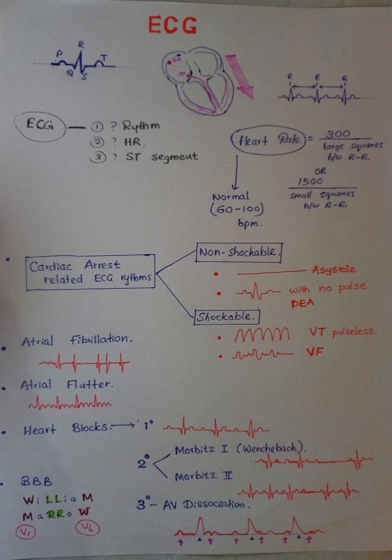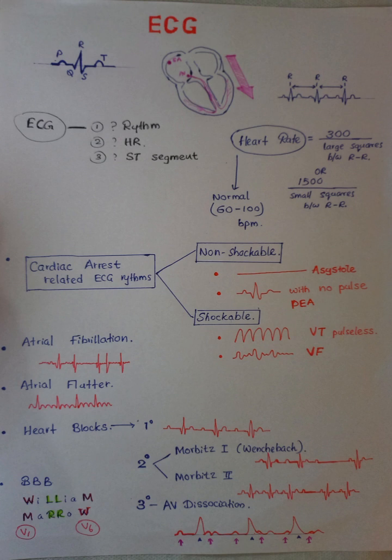Then the third degree heart block, also called complete heart block. What is happening here is there's no association between the atria and ventricles. So we call it AV dissociation as well. The P waves are generated on their own rhythm. Meanwhile, the QRS complexes are seen in their own rhythm.